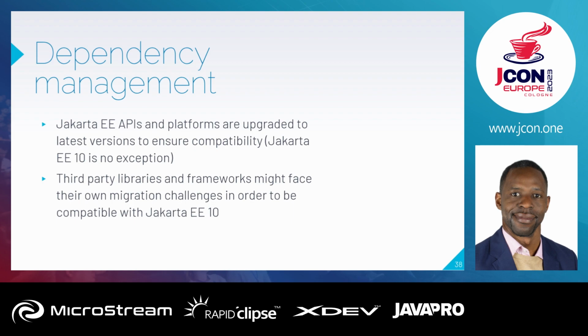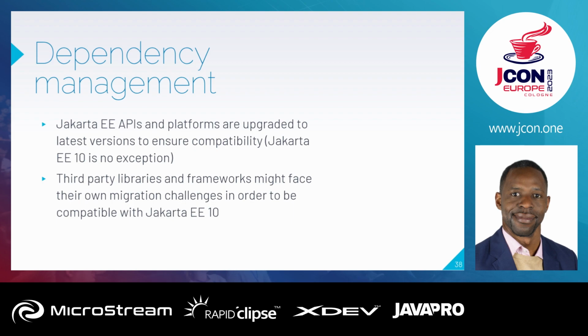Dependency management. If you have third-party libraries that use Java EE, for example, if you are heavily dependent on libraries that use some Jakarta EE specs, like JSON binding or something to do with JPA, and they still have an older version, you'll have to wait for them to actually migrate theirs.